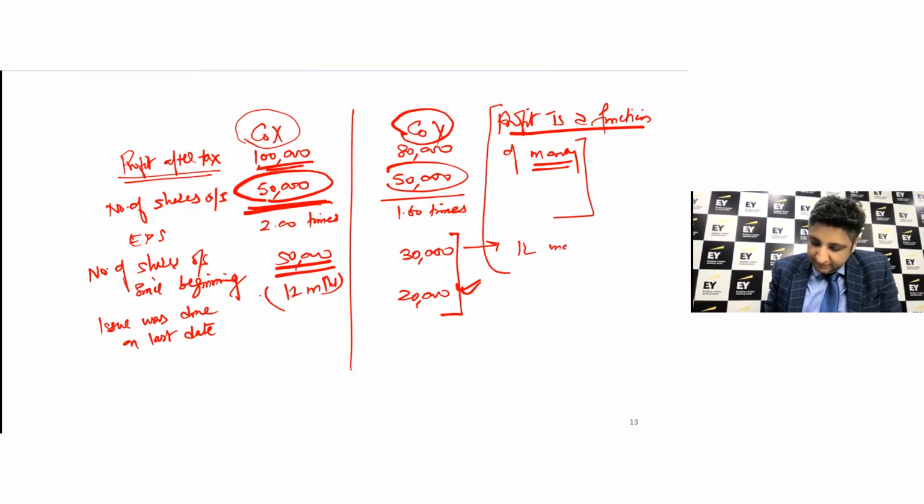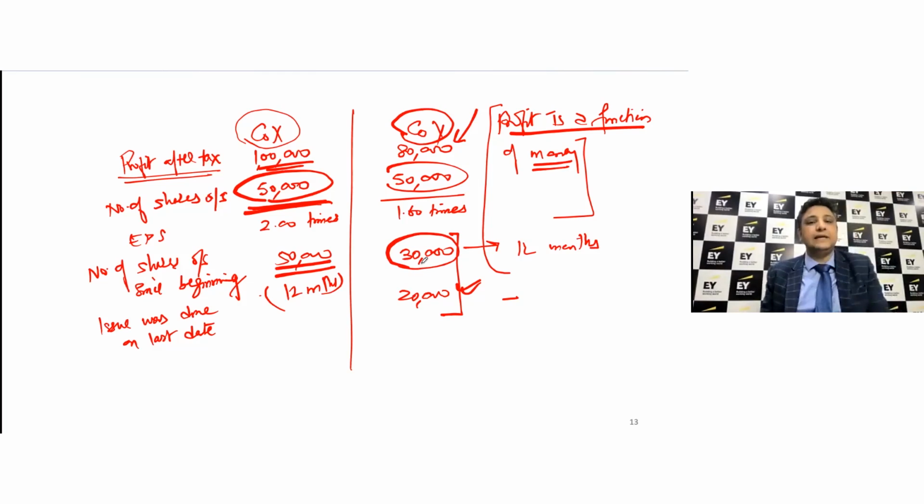This is available for 12 months, but this is not available at all. You have the money, but you did not practically apply that money to earn profit out of this money, which means that the profit of 80,000 that you have made, you practically only use the money by the issuance of those 30,000 shares.